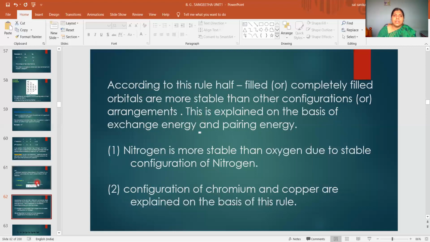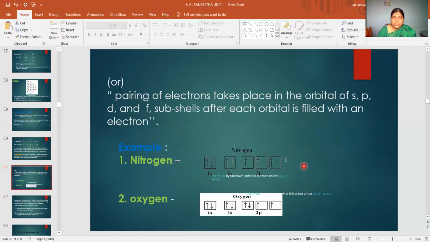If you see here, nitrogen has what is called a half-filled orbital set. Each orbital has one electron. In oxygen, here are two electrons, here one electron. This type of orbital is called incompletely filled. If all orbitals have two electrons, that is called completely filled.